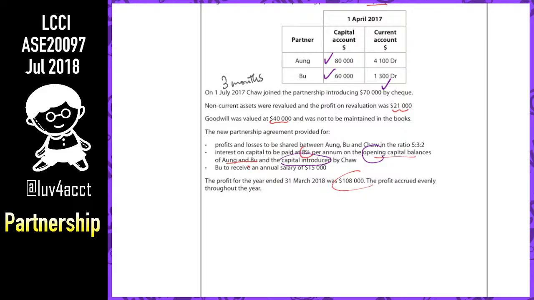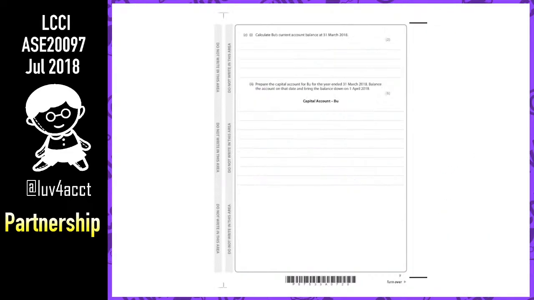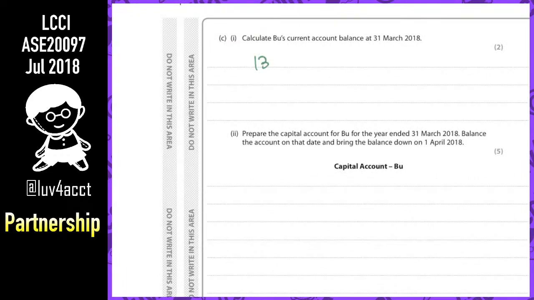Okay, 1300 debit. So let us put here first 1300 debit. And then okay, he can share the profit for the first 3 months. Okay, that would be 13500.